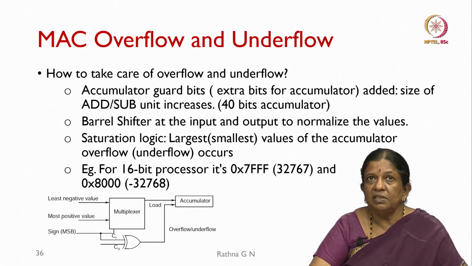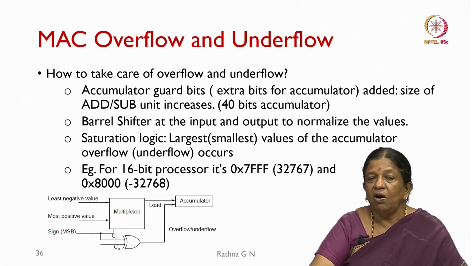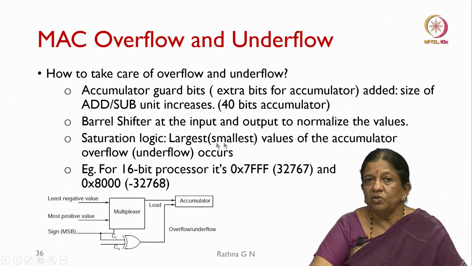We know that when saturation happens, if the value is more than what the processor can represent, it goes as a negative value. So, we want to restrict it to the maximum value. The accumulator has to stop at the largest value on overflow.